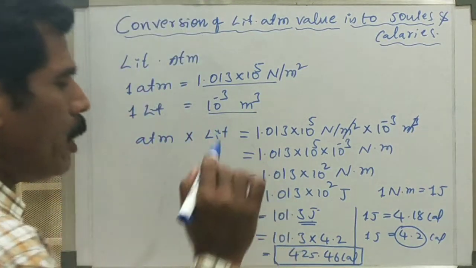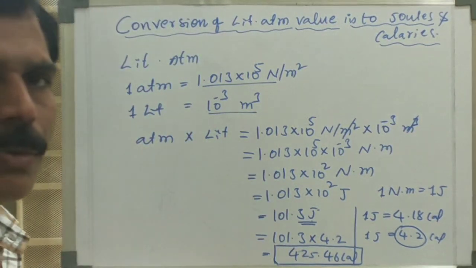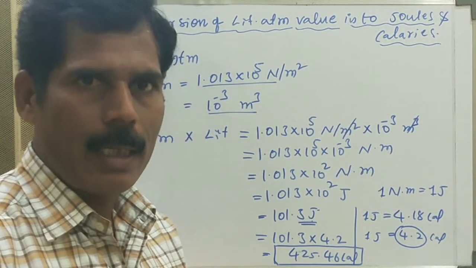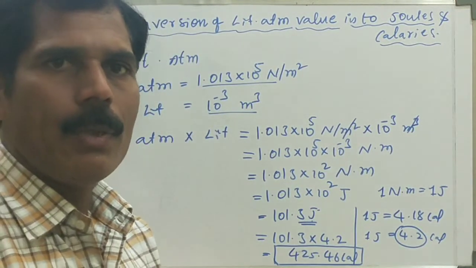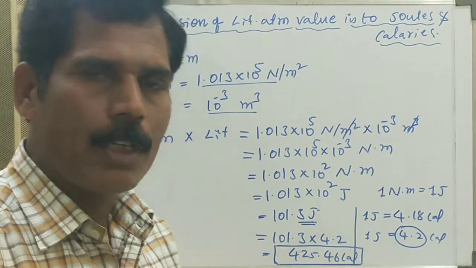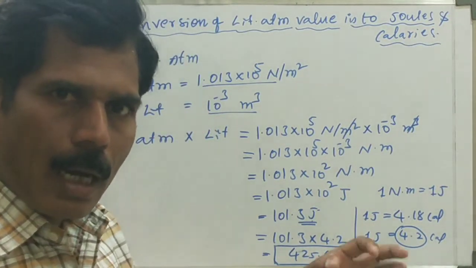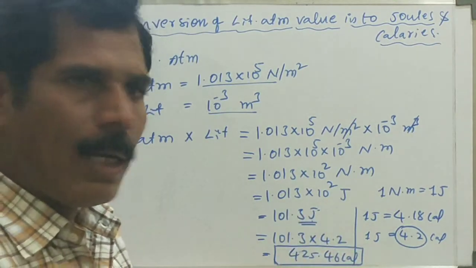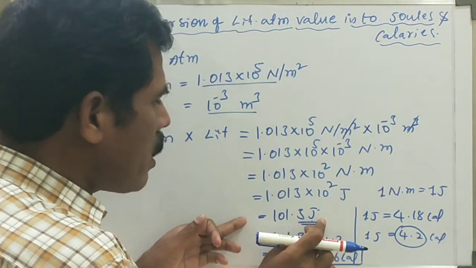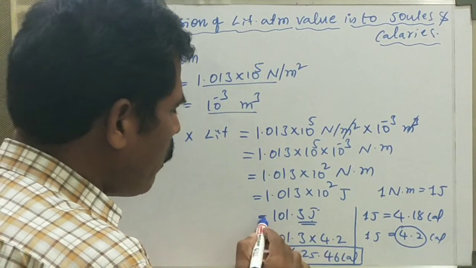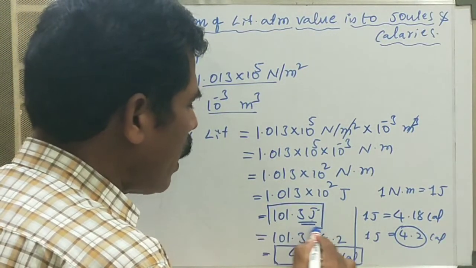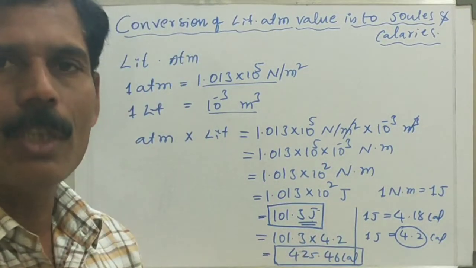During the calculation of work in a particular question, if they ask to convert that W value into joules, that value is multiplied with 101.3 joules.